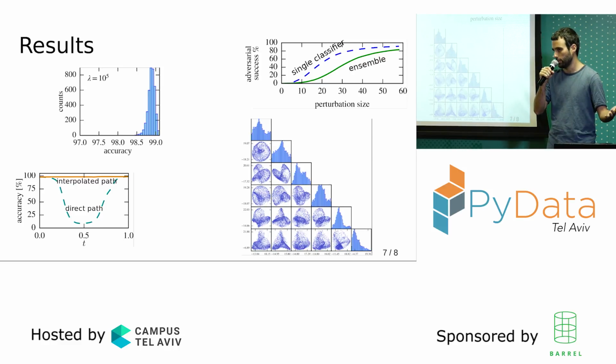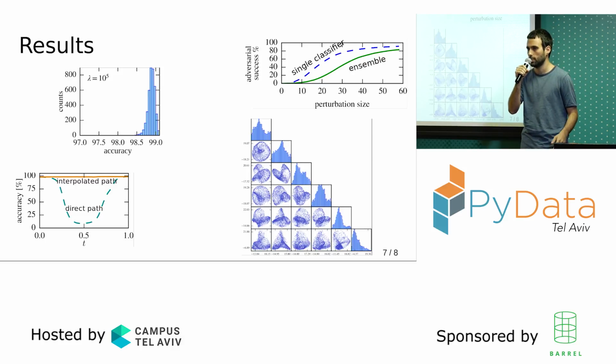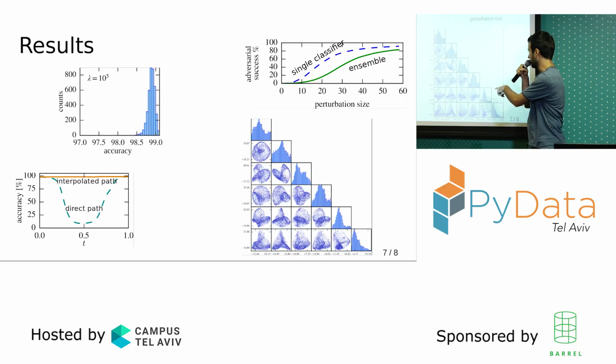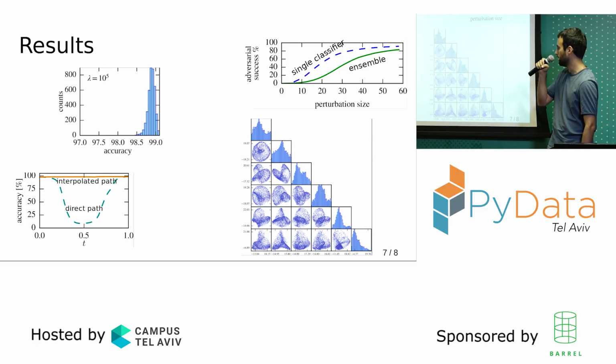I can generate a lot of weight vectors, and each weight vector is a very high dimensional vector. But I can plot these high dimensional points in the first principal components. So this is what you see here: scatter plots of principal component 1 versus PC2, and PC1 versus PC3, and so on. You see a few combinations of plots here.